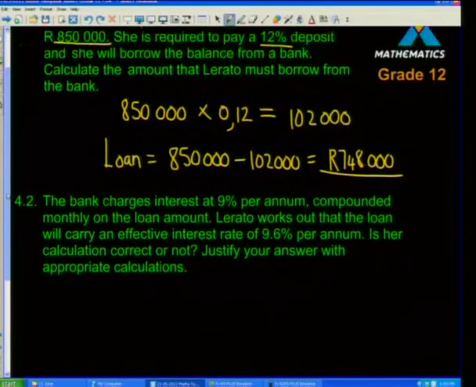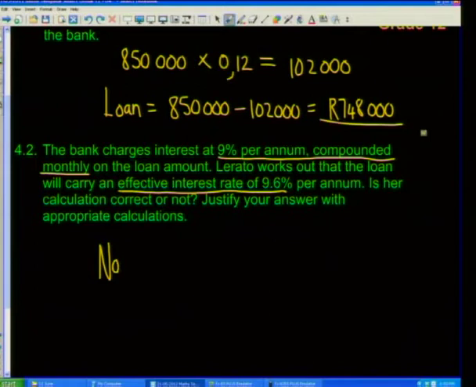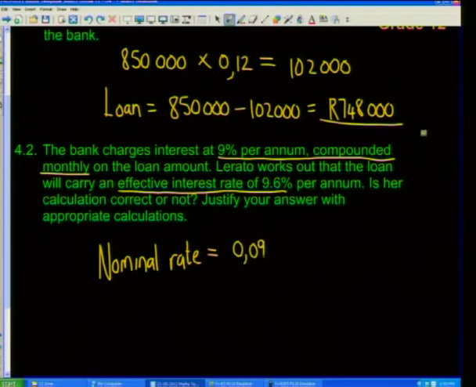So the next question that they ask is, the bank charges interest at 9% per annum, compounded monthly, on the loan amount. Lerato works out that the loan will carry an effective interest rate of 9.6%. So in other words, the bank have said that the nominal rate is going to be 9% per annum compounded monthly.